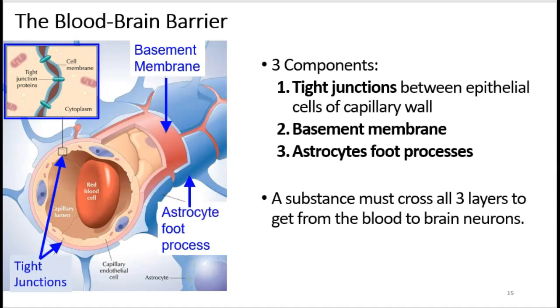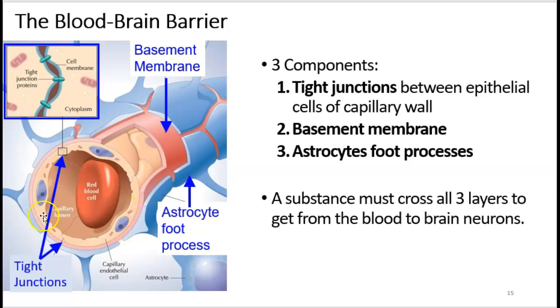Here's a picture of the blood-brain barrier. So this is a capillary that you might see on the surface of the cerebrum, not part of the choroid plexus. And the salmon-colored cells are endothelial cells, simple squamous epithelium, that are held together by tight junctions. Those tight junctions do not allow even water to pass between cells.